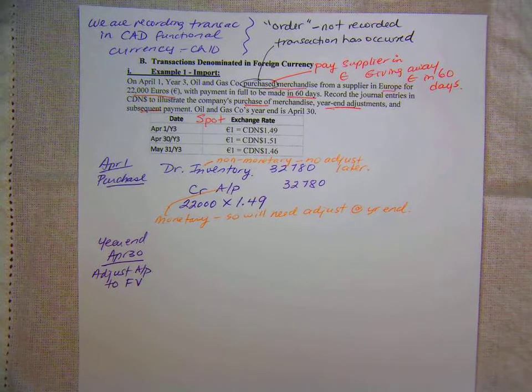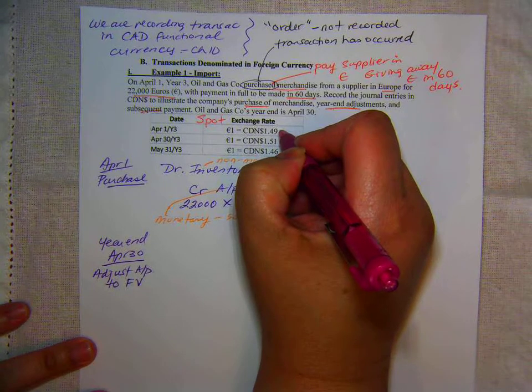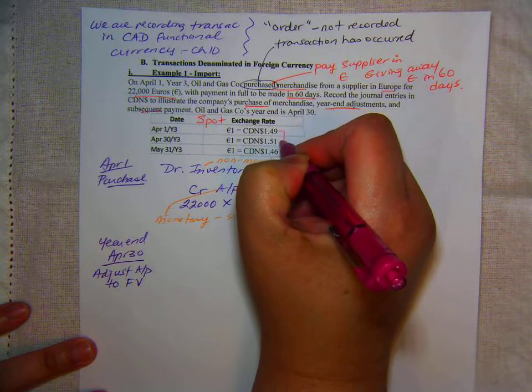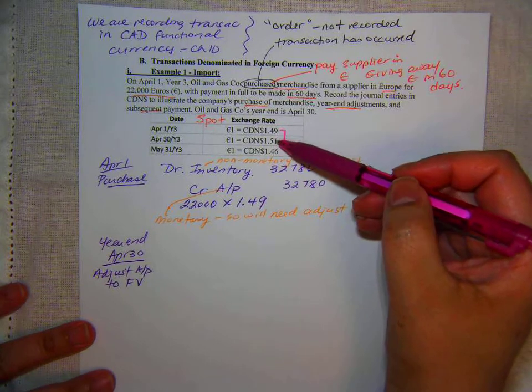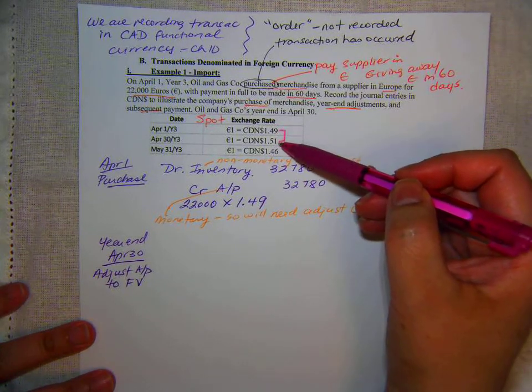To do that, we need to know if we have a loss or a gain, how the exchange rate has gone for accounts payable. So we're going from April 1st to April 30th, and the exchange rate, what we have to pay in Canadian, has gone up.